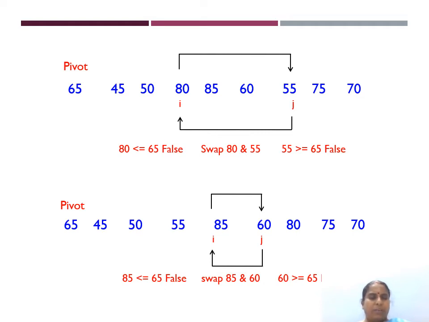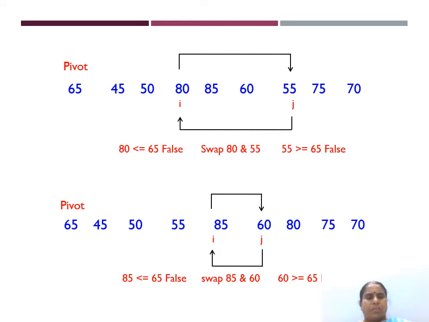So 85 is compared with 65, whether it is smaller or greater. No, it is greater. So 85 is greater than 65. So i is not moving forward, that is i is not incremented. It is stopped there and the position is taken as 5.